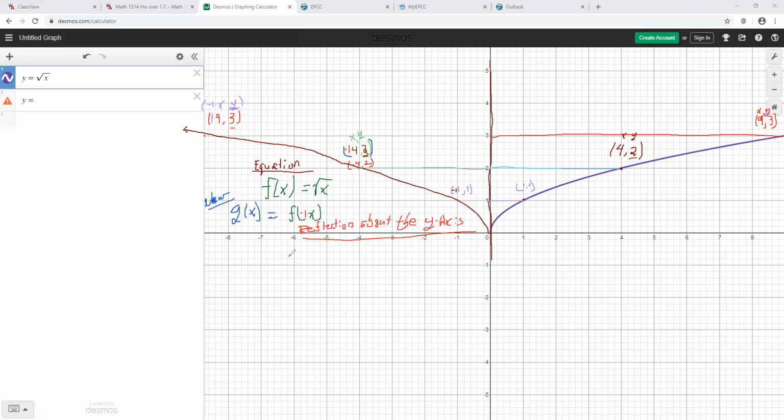So our g of x could be written as, so this is correct.